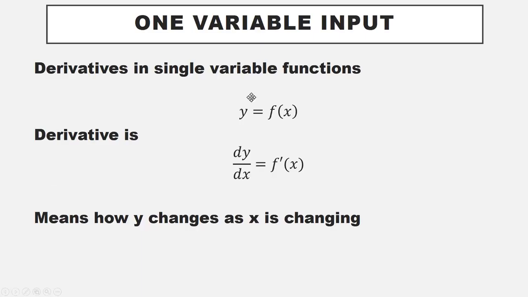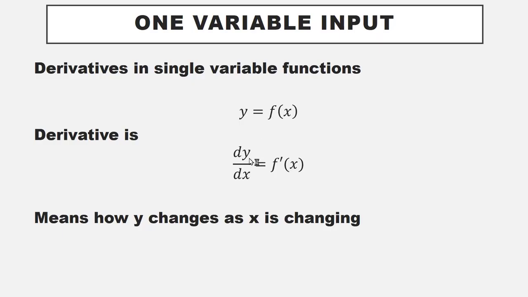So let's take a step back and think about what derivatives told us in single variable functions. If I have a single variable function, I think of it as y is the output when x is the input in our function.